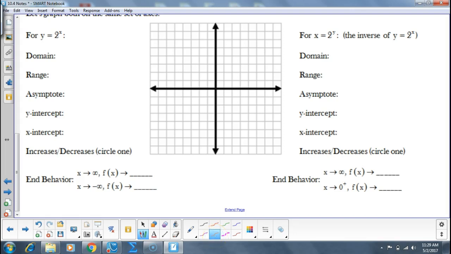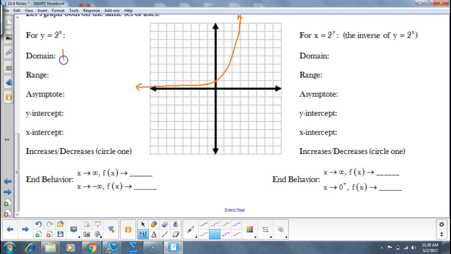Okay, so, based off of this one, I go through the point -1, 1/2, 0, 1, 1, 2, 2, 4, 3, 8, and so on and so forth. Correct? So that is this function right there, correct? Yes? Okay.